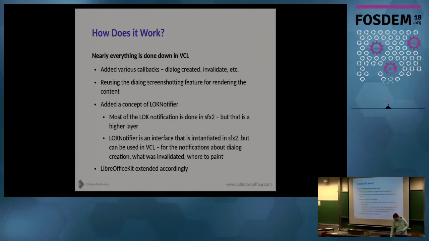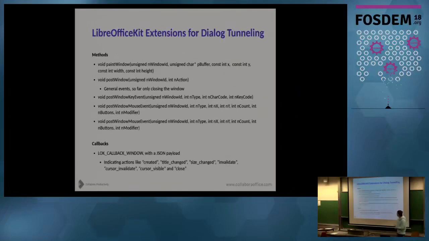And yes, we had to add a bit of API into LibreOffice kit, which was several methods. I think they are reasonably obvious. Painting of some area in the dialog, posting some events if they are necessary. So far, only closing of the window is implemented. Nothing else was necessary to be done this way.